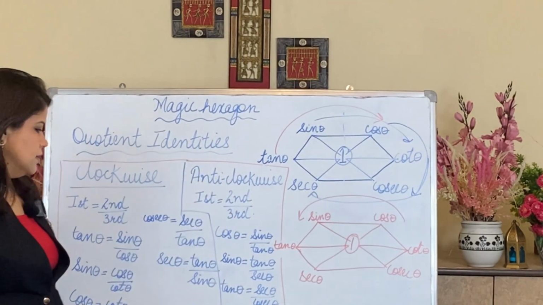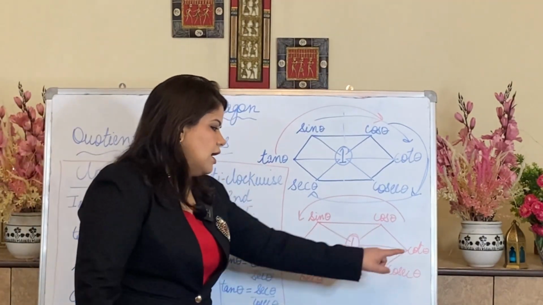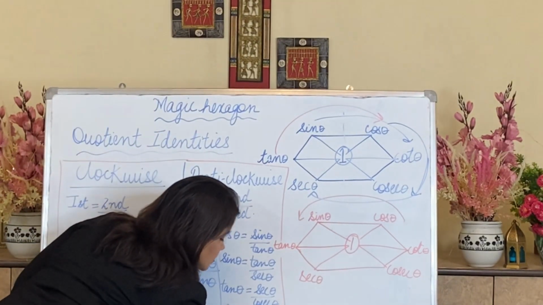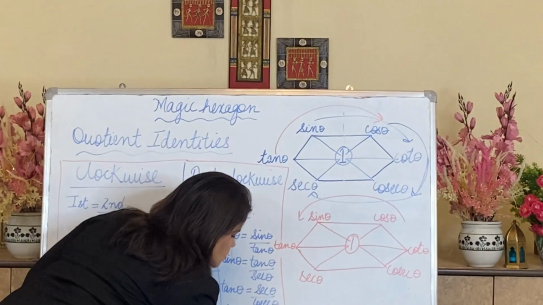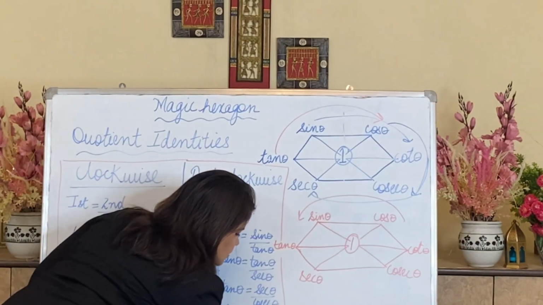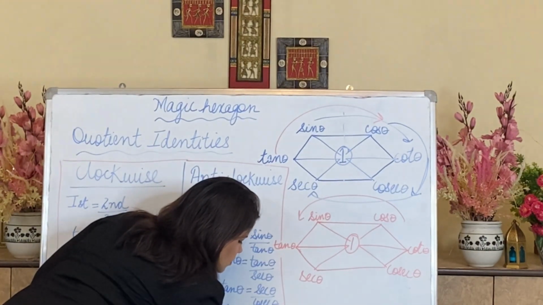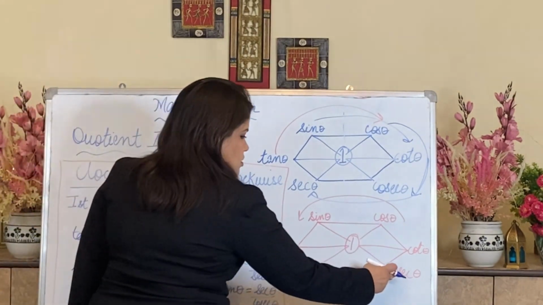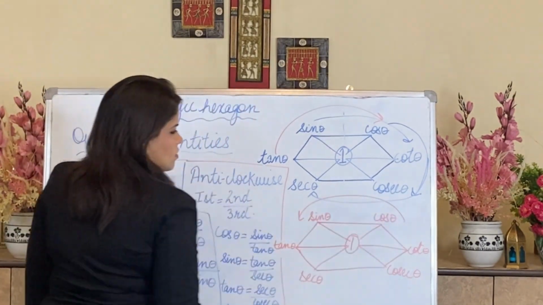Then I am taking secant, cosecant and cot. So it will become secant theta equal to cosecant theta upon cot theta. And next is cosecant, cot and cos.